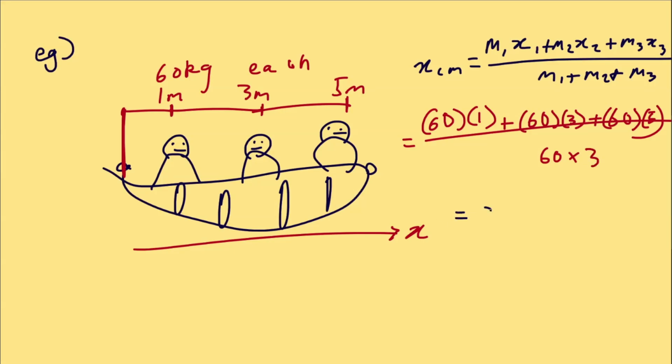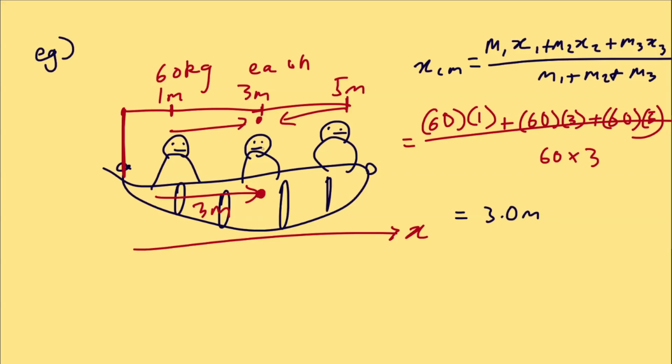The answer is 3 meters. So the center of mass is 3 meters away from the left end. And this makes sense because the masses are equal, so the center of mass would be exactly halfway between the two ends.